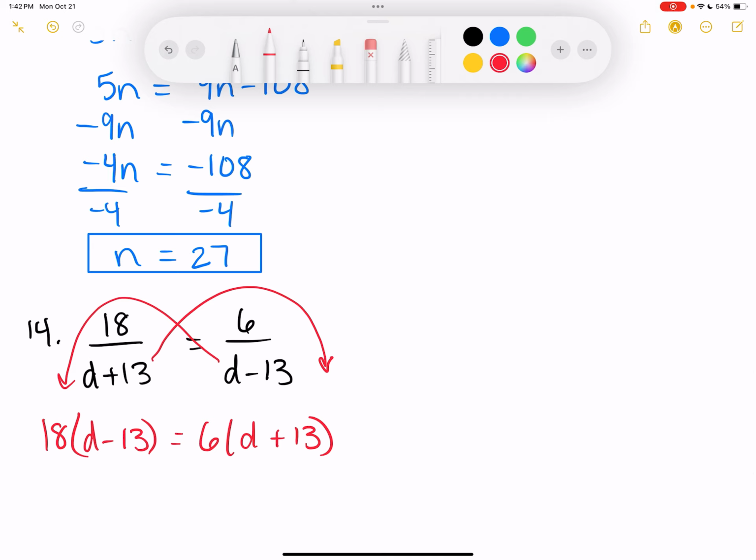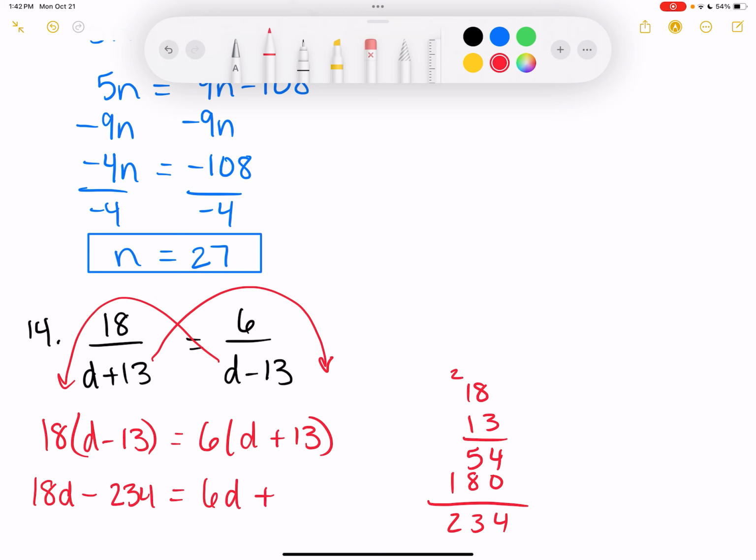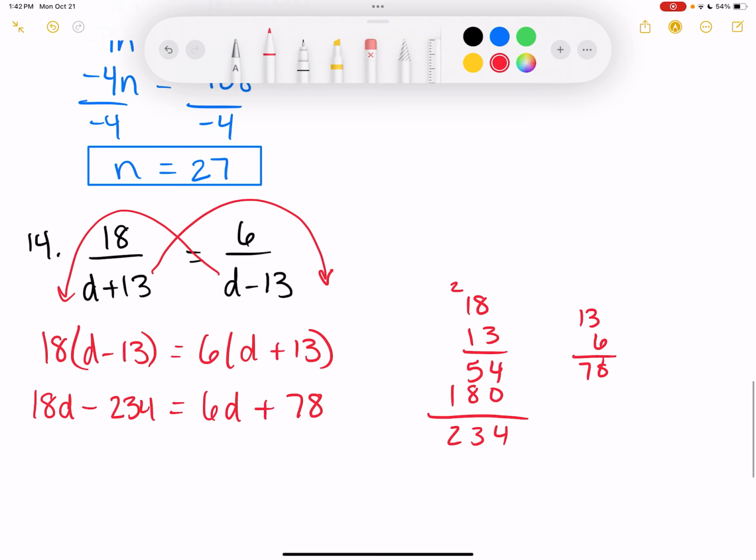So I've got 18d minus 234 equals 6d plus 78. Now what?